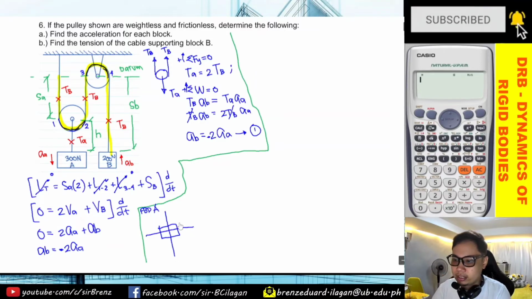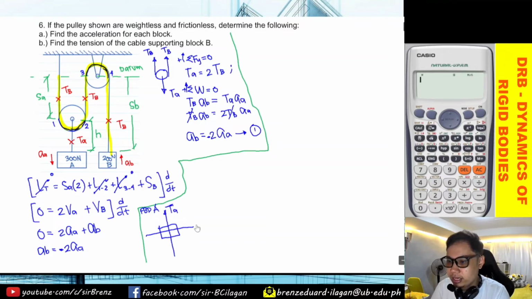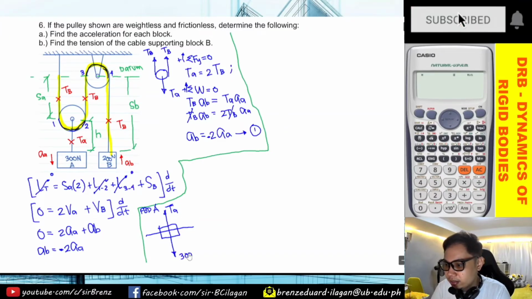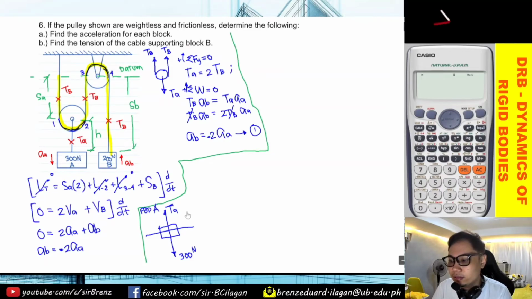So gawa ng X and Y. So una, meron ka ditong tensile force. Ito nga yung T sub A natin. Okay? And then aside from that, you have here the weight of 300 Newton. Again, lagi siyang pababa. Ano pa bang force na naka-apply dyan? Okay, so since ang movement ng block A mo is pababa, so pasaan yung reversed effective force mo? So pataas, ano?